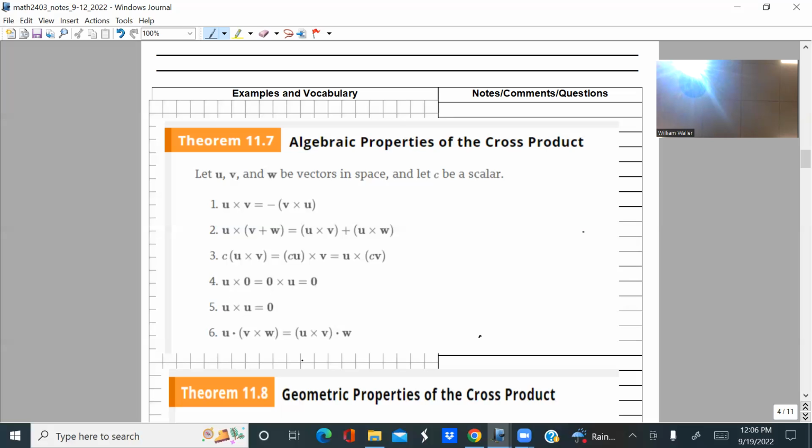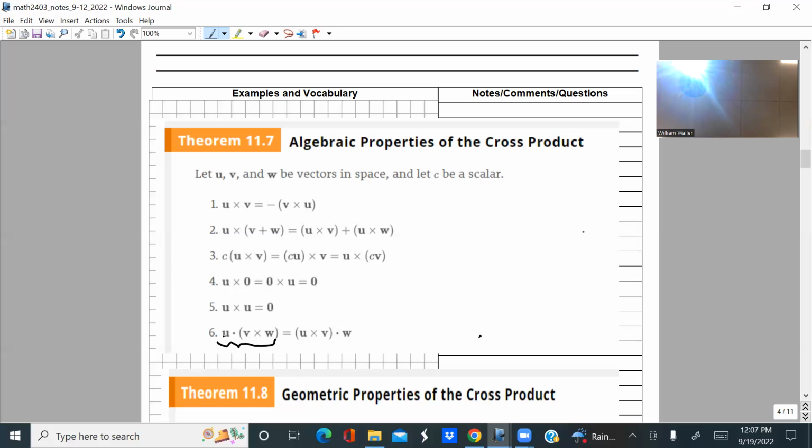And then you can combine cross products with dot products. In this particular combination, we take a cross product of two vectors and then take that vector and use it as part of a dot product with a third vector.